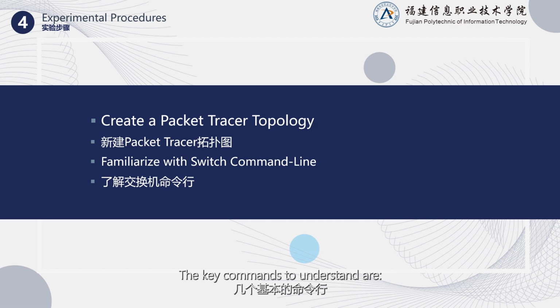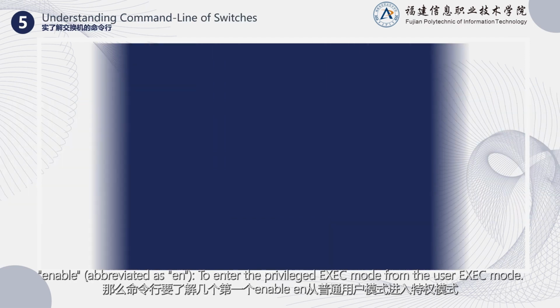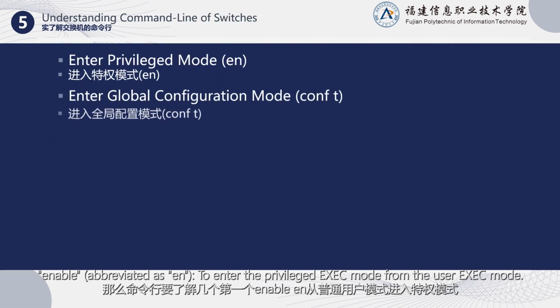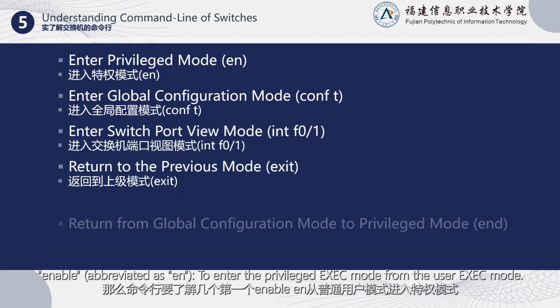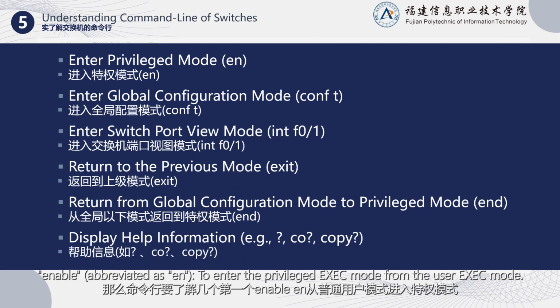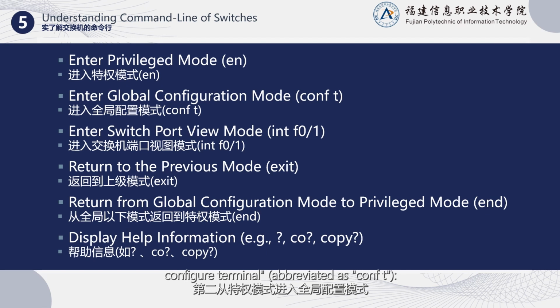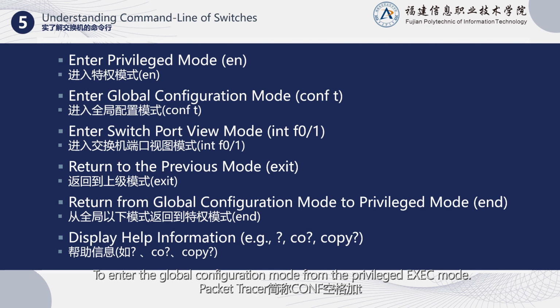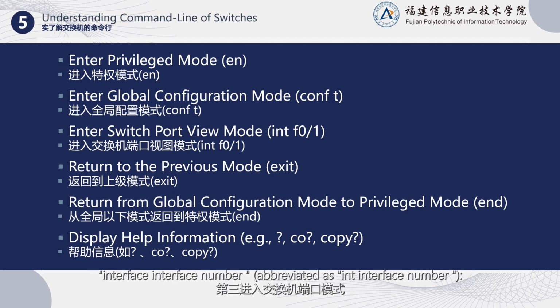The key commands to understand are: enable, abbreviated as en, to enter the privileged exec mode from the user exec mode. Configure terminal, abbreviated as conf t, to enter the global configuration mode from the privileged exec mode.